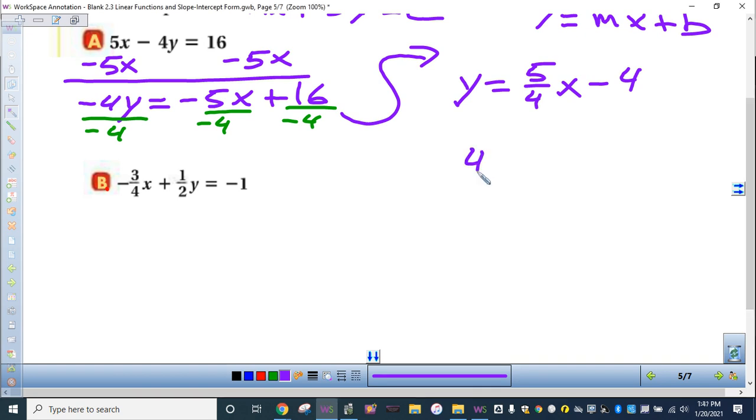Okay, so I start with the 2 denominators I have, 4 and 2. Multiples of 2: 2, 4, 6, 8, 10. Multiples of 4: 4, 8, 12, 16, 20, 24. Those are multiples. 1 times 2 is 2, 2 times 2 is 4.